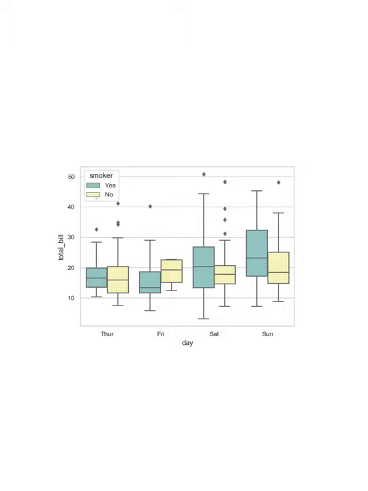If we look at just Thursday, we notice that both of them are kind of skewed, right? Because the line at the very end is longer here, pointing up.